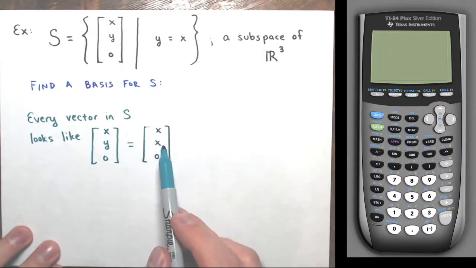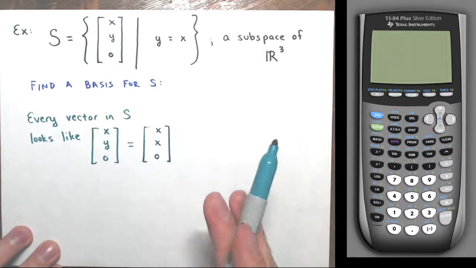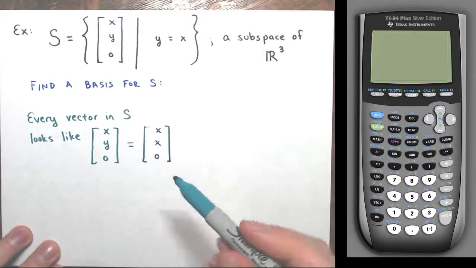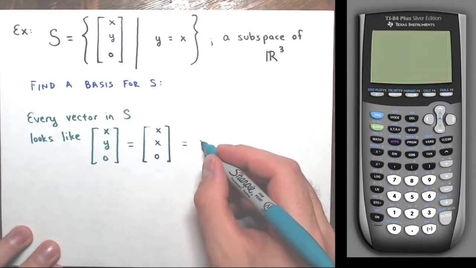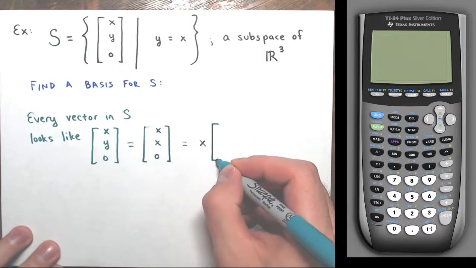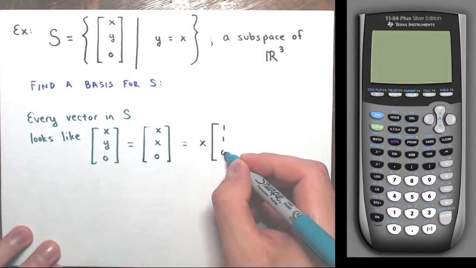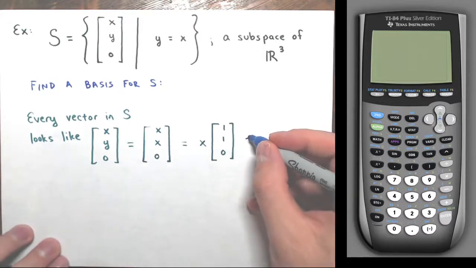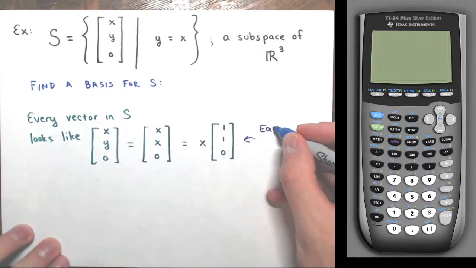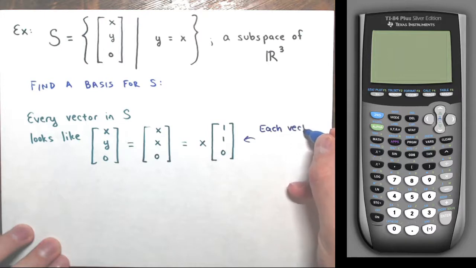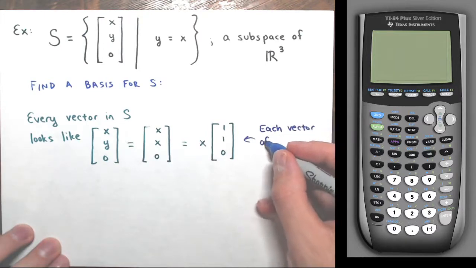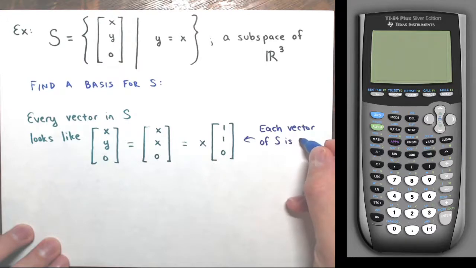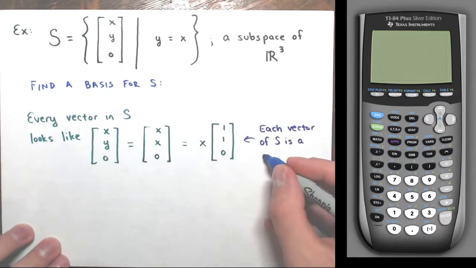So I can pull that scalar x out, and we have x times the vector (1, 1, 0). So what we're seeing here is that each vector of S is a scalar multiple of the vector (1, 1, 0).